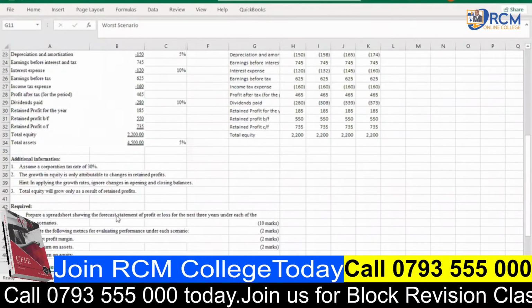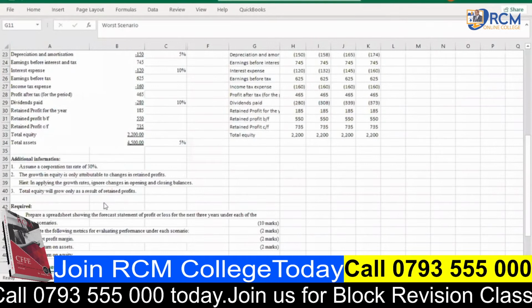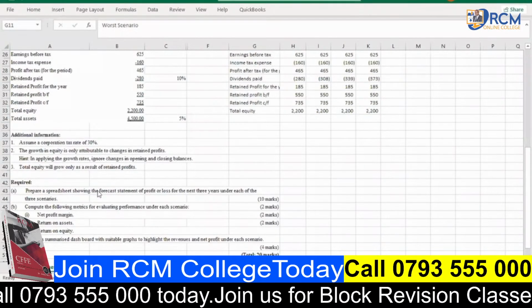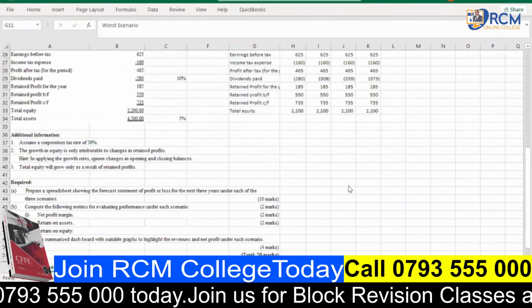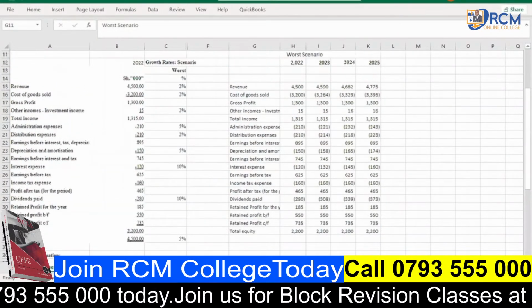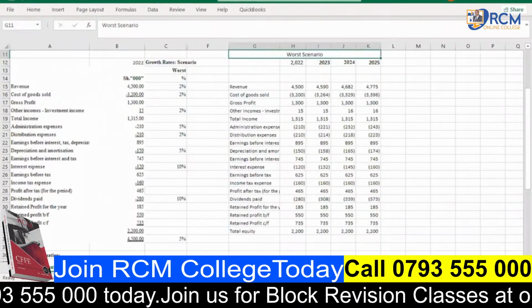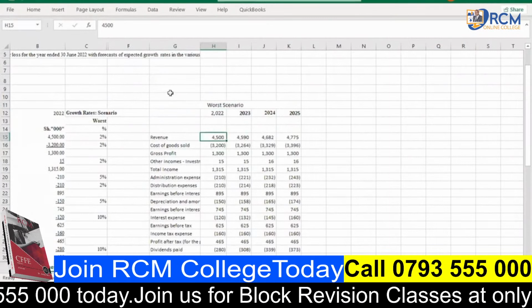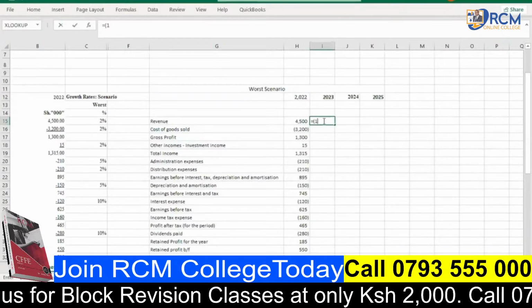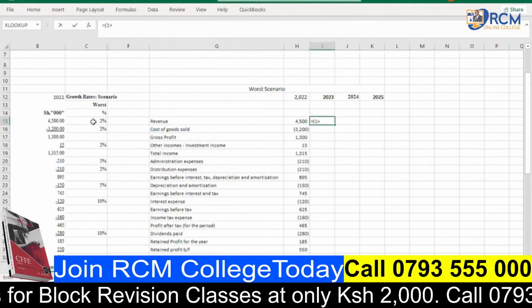How do we autofill for 2024 and 2025, sir? Have you set your formula? 1 plus the growth rate. Our growth rate is 2%.